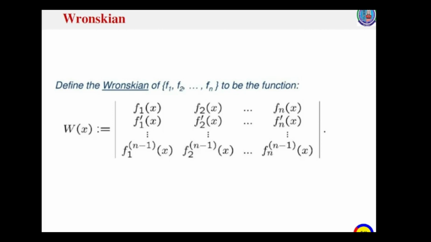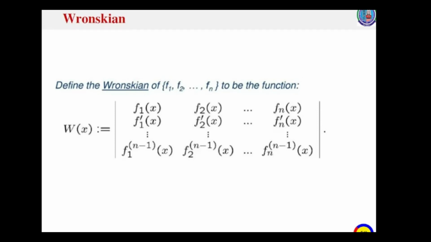And the last row is the n minus 1th derivative. We just have to find the determinant of these and we will get the Wronskian of functions f1, f2, fn at the point x. So the Wronskian is itself a function of x, which we find on the common domain, the given domain on which the functions are defined.